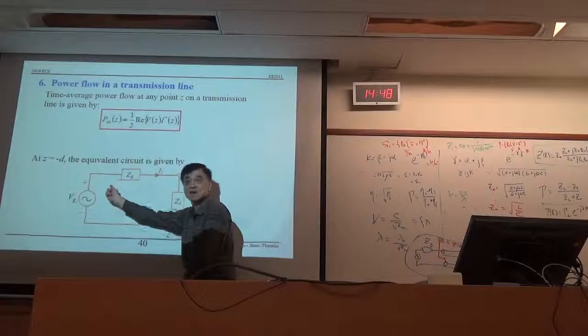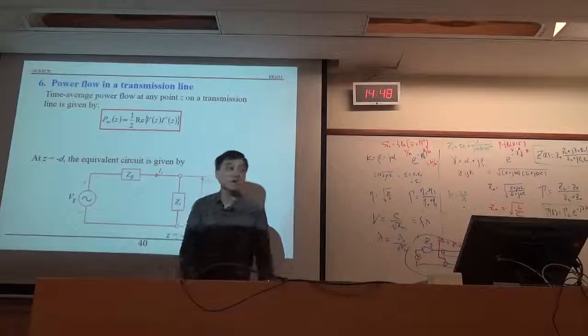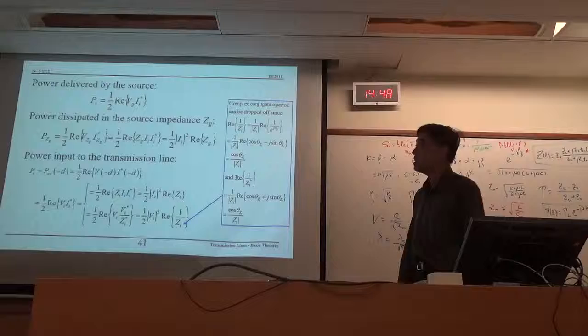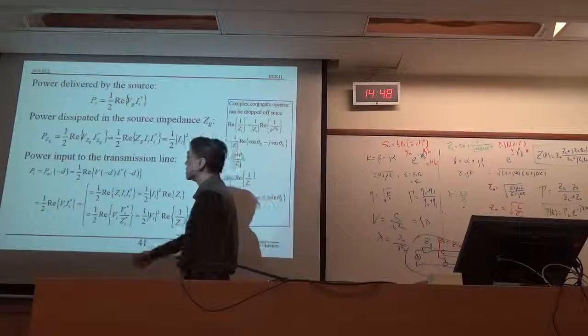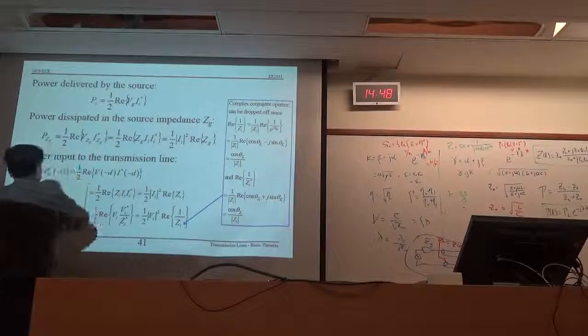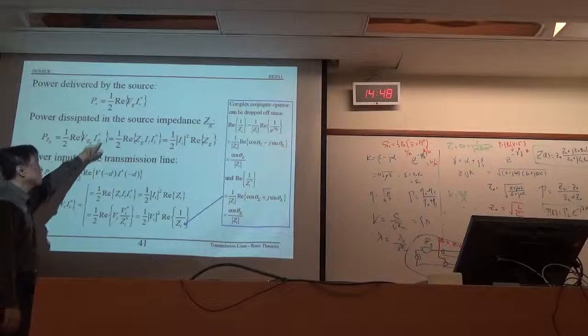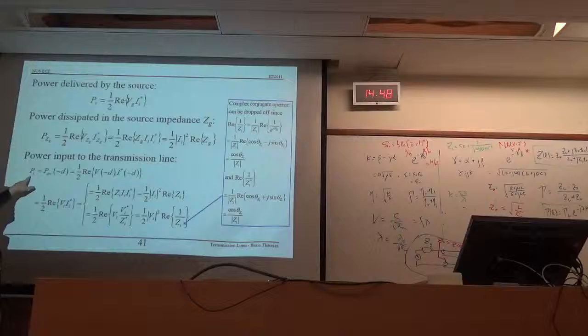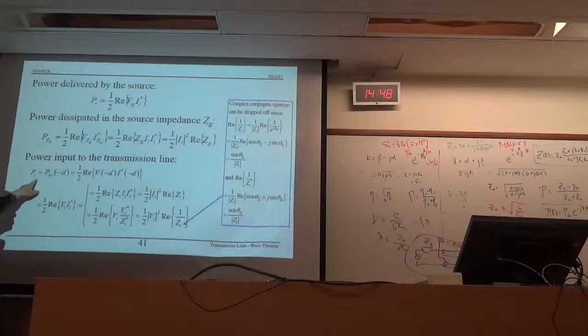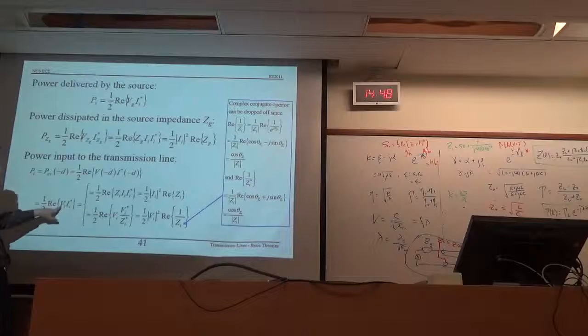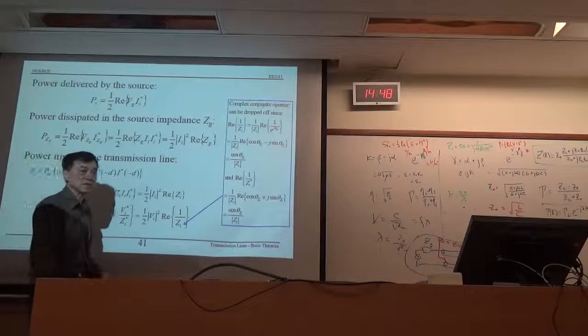The voltage across ZG. So you can see that there are all these things here. Power across ZG is equal to half of V ZG I conjugate. Power input is equal to half of Vi Ii conjugate.